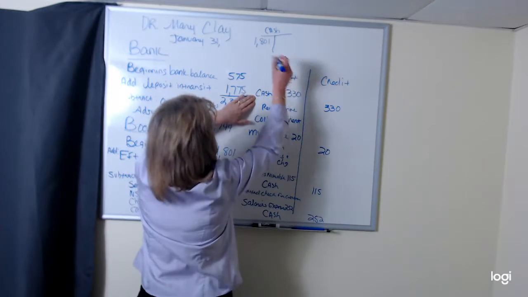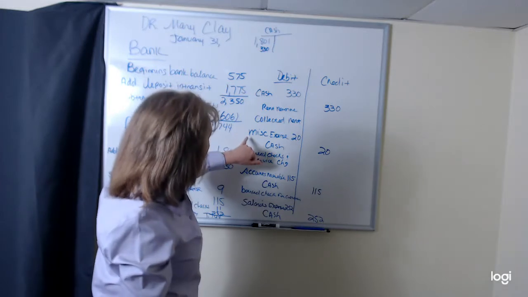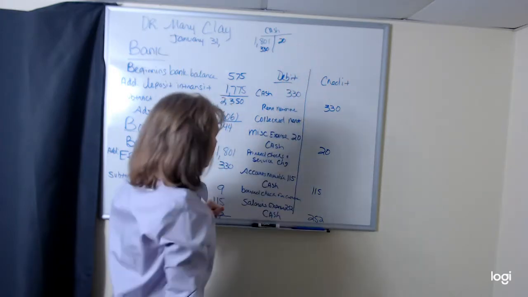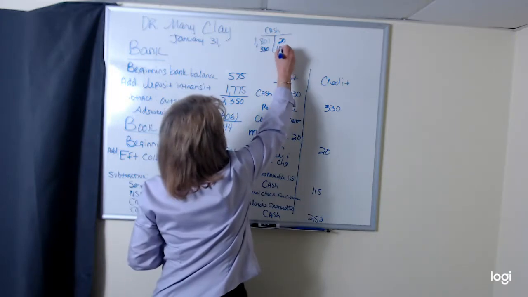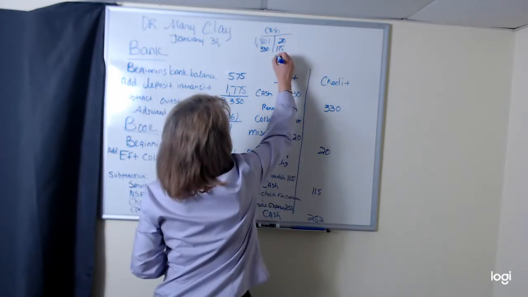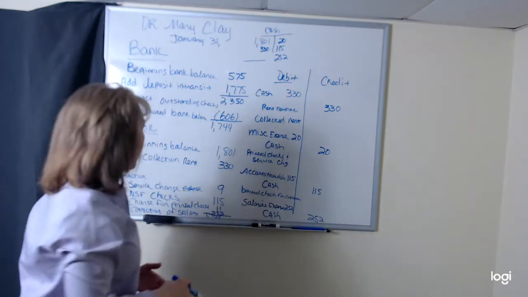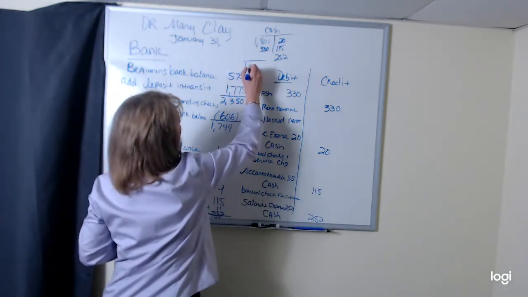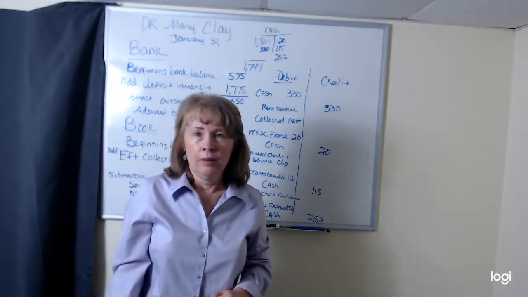We debited cash here, 330. We credited cash here, 20. We credited cash here 115, and we credited cash 252. When we do all that, we're going to come down to our final cash balance, which you will see is $1,744. Okay? Good luck in the lab.